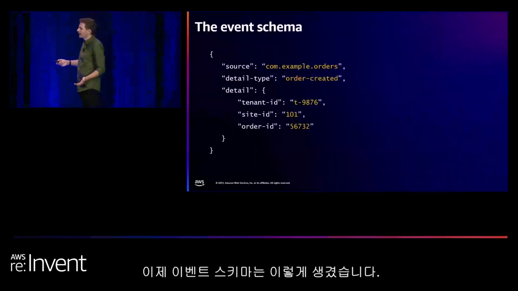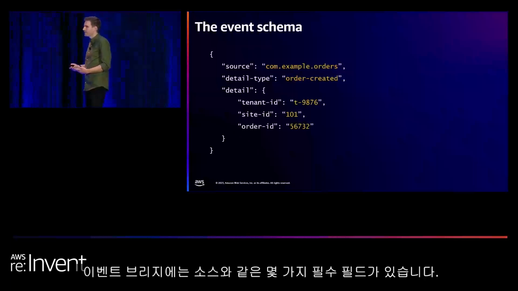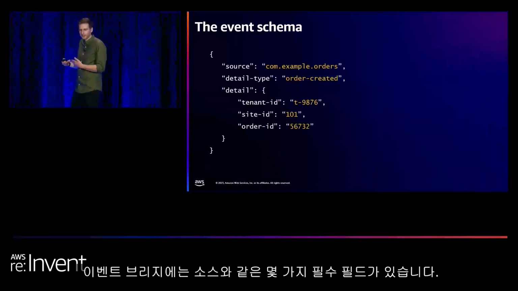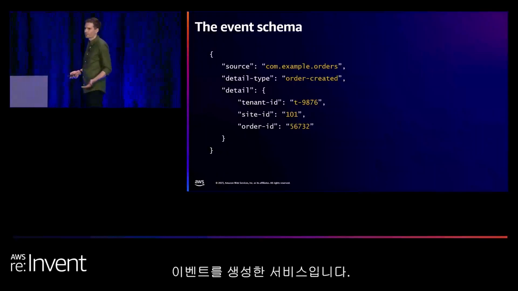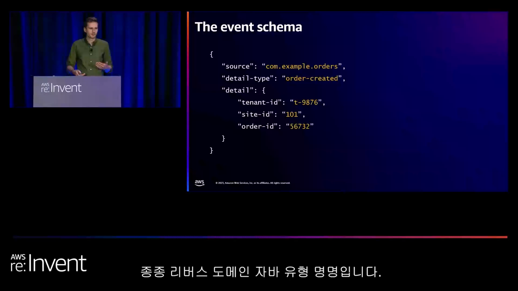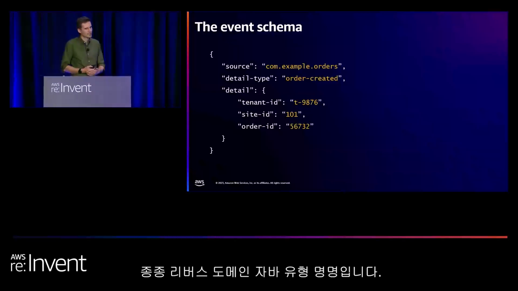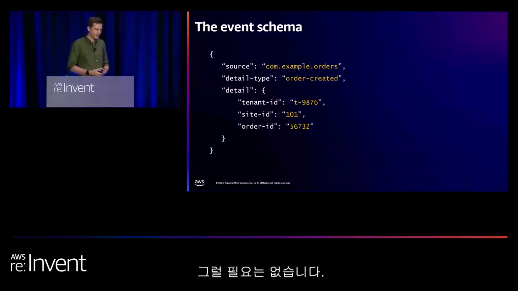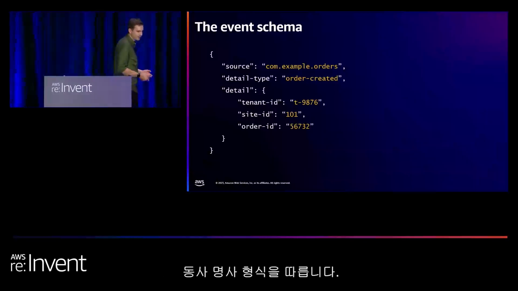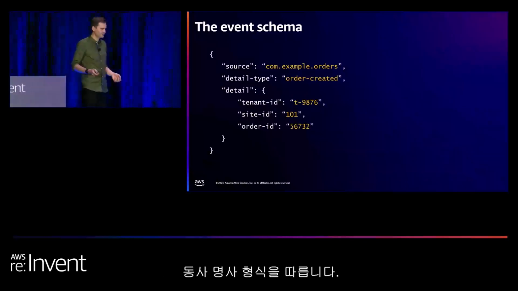Now, this is what the event schema might look like. EventBridge has some required fields, such as the source. This is the service that produced the event. It's often the reverse domain Java type naming. It doesn't have to be. The detail type is the name of the event, and this follows the verb noun format.